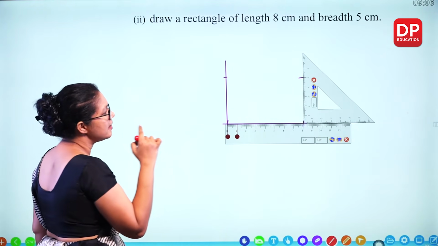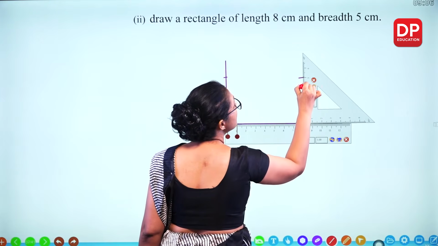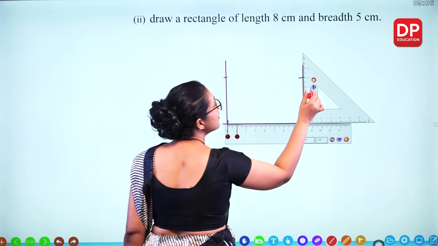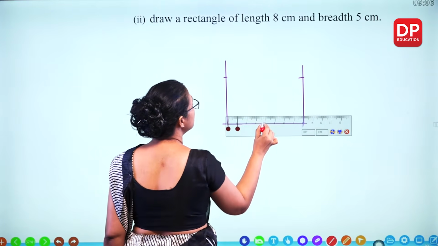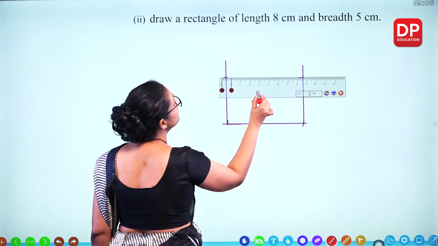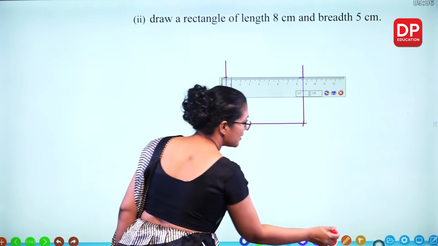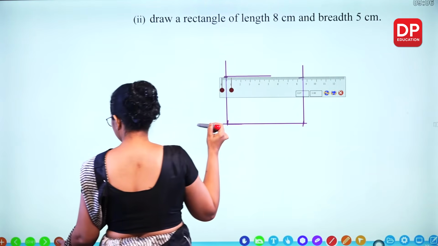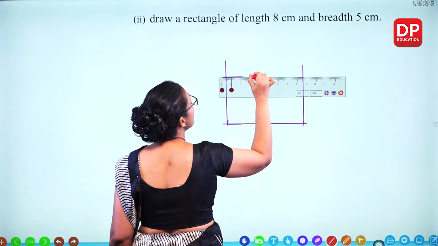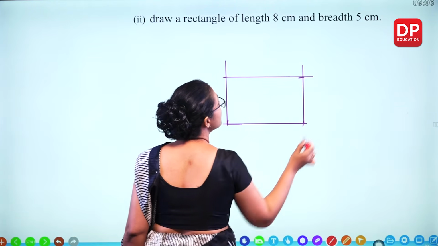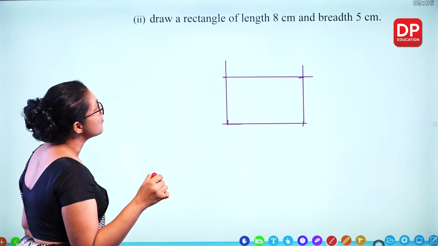This length, and you can draw the line as well. Now you can take the ruler, connect the 2 points and draw the line. And draw the line. Now you can see this is a rectangle.